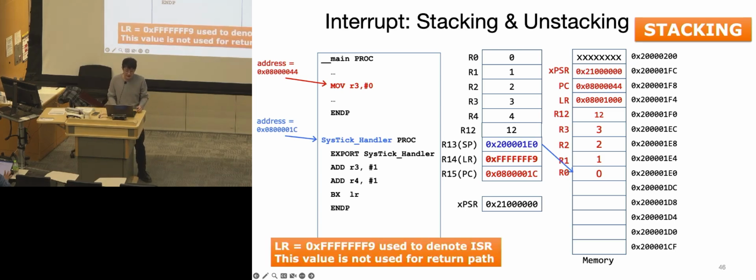And here we have the link register set to a different value than before, because we know we will go back to a thread, which is the main function in this case, and we're also using the main stack pointer instead of the PSP, the process stack pointer.